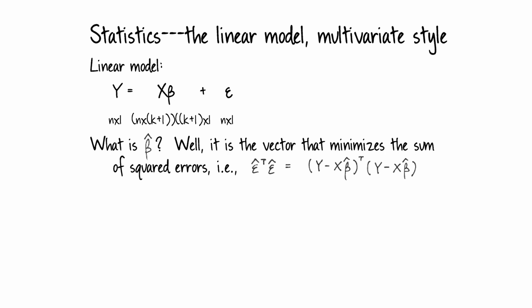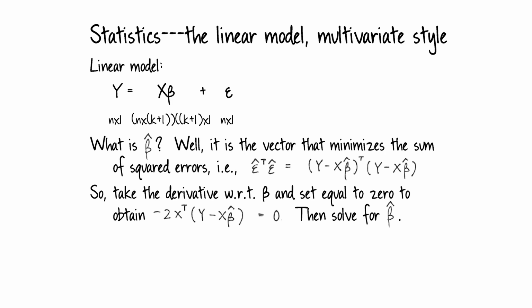So what is beta hat? Well, it's a vector that minimizes the sum of squared errors. So we've got a vector of residuals, transpose, times a vector of residuals. And that's sort of expanded out what it looks like. Okay, so we want to choose the beta hat that minimizes that thing. So what we do is we take the derivative with respect to beta, set it equal to 0, and obtain this.